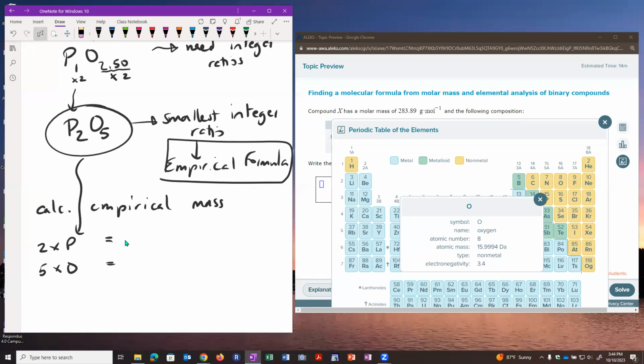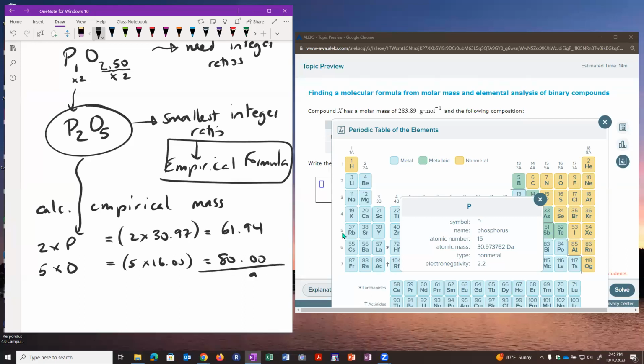I look these up on the periodic table. Oxygen is 16 times 5. And then my phosphorus, we said was 30.97 times 2. So we add those together. 30.97 times 2 gives 61.94. And then 5 times 16 gives 80.00.